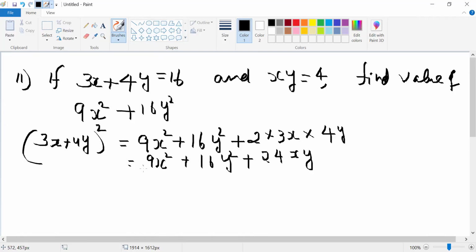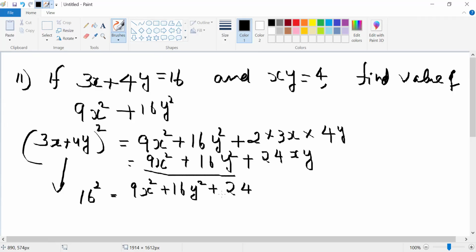And we want this part. So this 24xy, take to the other side. Because 3x plus 4y, you know the value 16. Okay, for the LHS we can put that. So for 3x plus 4y, what can I put? 16 square, no? So 16 square is equal to 9x square plus 16y square plus 24xy, value given 4.